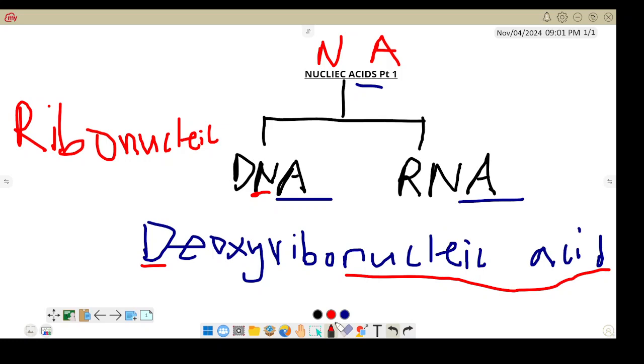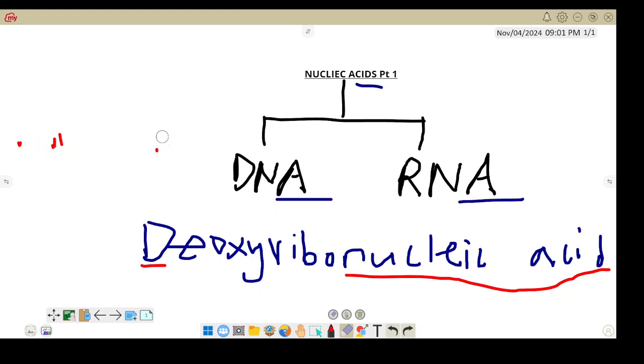Now the main difference between these two: the ribonucleic acid, we can relate it to ribosomes.